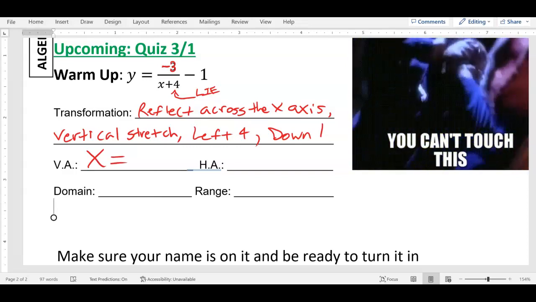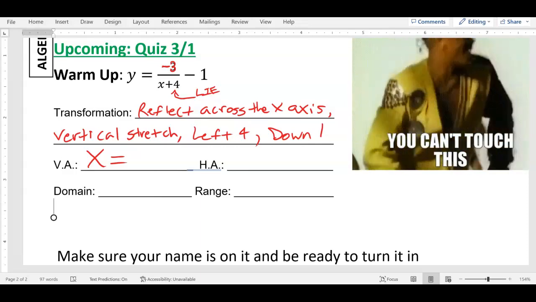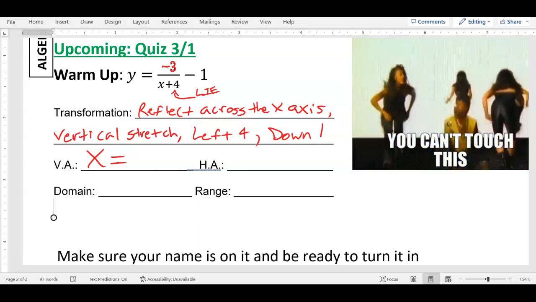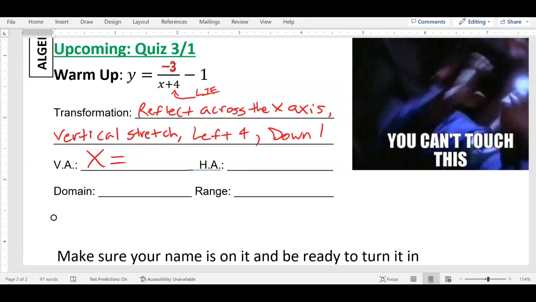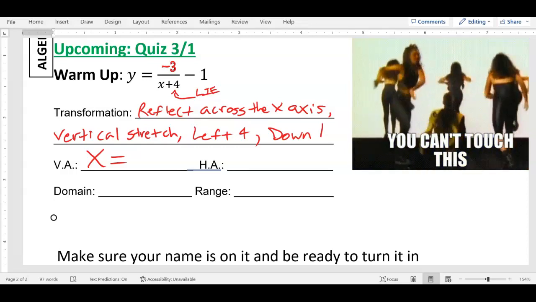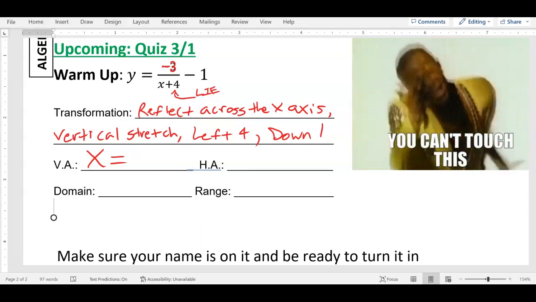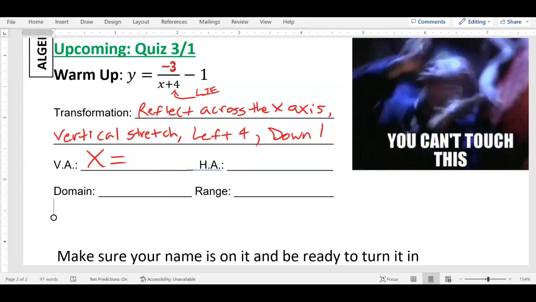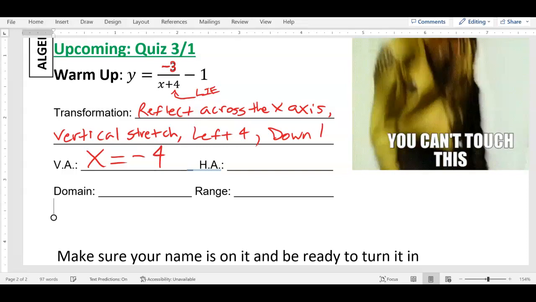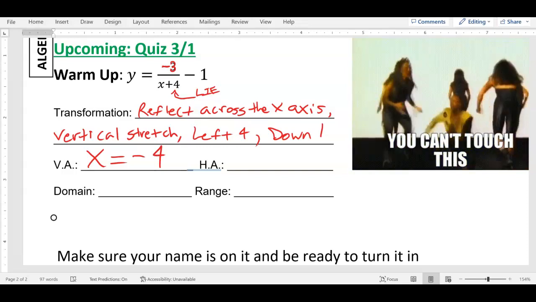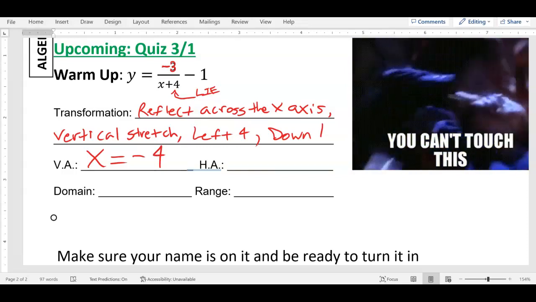What is the x value that you cannot touch? Kind of. Remember, this is a lie down here, so it's really -4, okay? Be very careful about the bottom of that fraction. It's a lie. Okay, now horizontal asymptote.